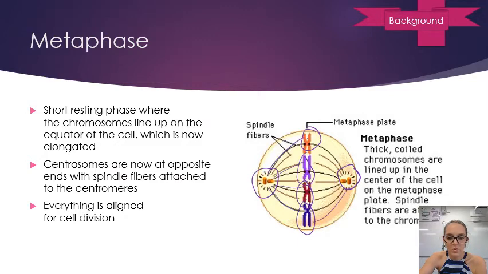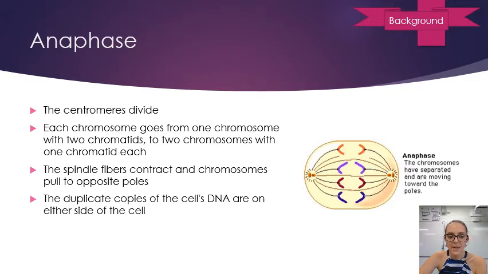They've grabbed onto our chromosomes at the centromere here, and they are ready to contract and begin the next phase. All right, in anaphase, we now have contracting of our spindle fibers, and they are going to latch on to either side of the chromosome, and as they contract, pull one chromatid from the chromosome to each side of the newly forming cells.